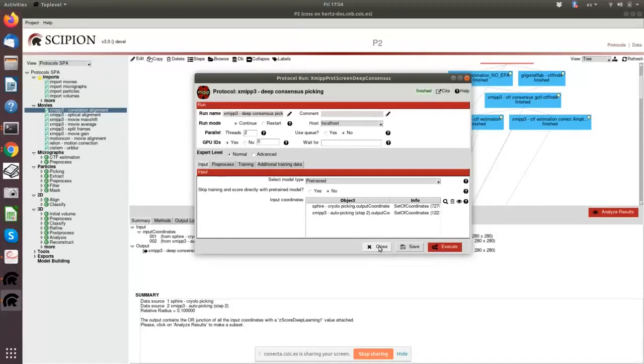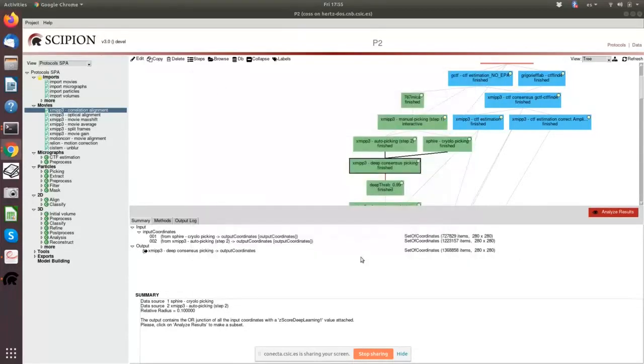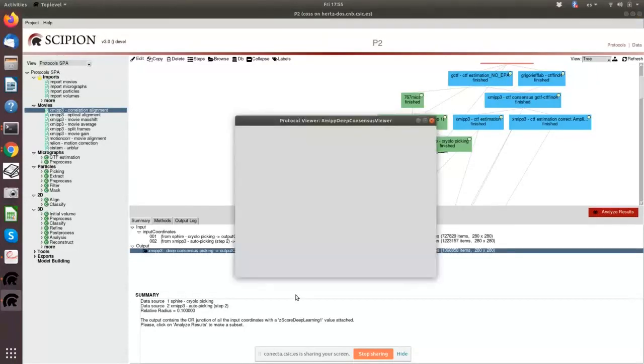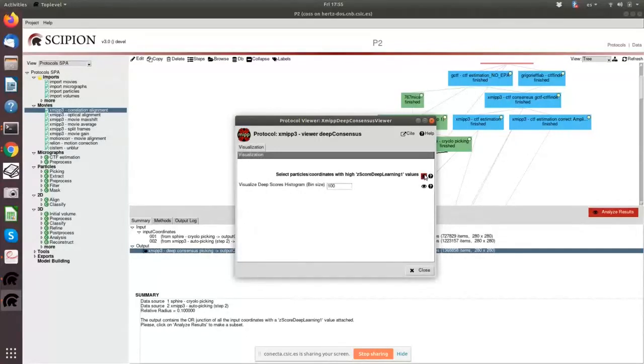So the output of this algorithm is a set of coordinates, and then all the input particles are assigned a score between 0 and 1, meaning 0 that the algorithm believes it is not a particle, and 1 that it believes it's a true particle.